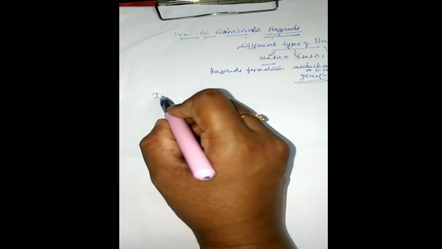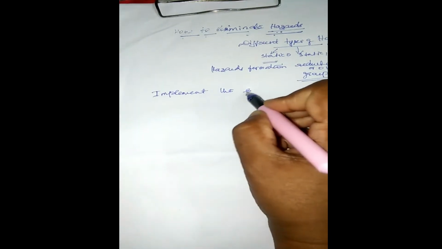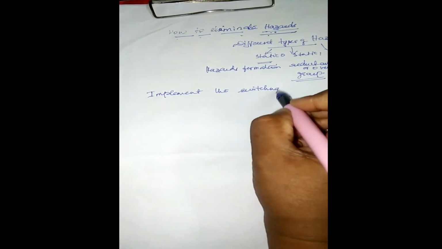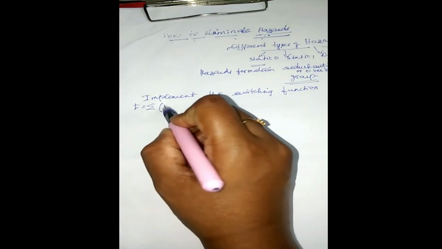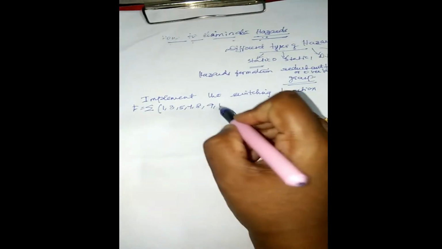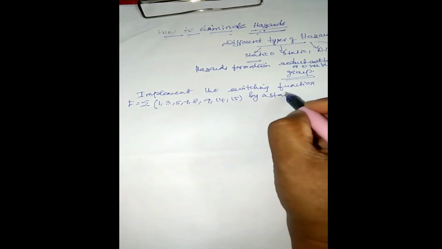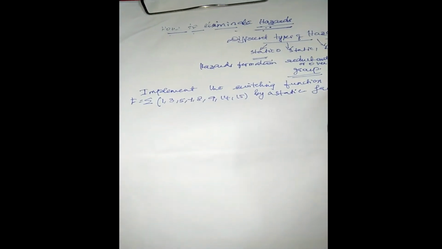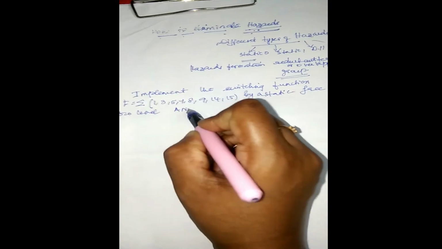The question here is: implement the switching function f is equal to summation 1, 3, 5, 7, 8, 9, 14 and 15 by a static hazard-free two-level AND-OR network.